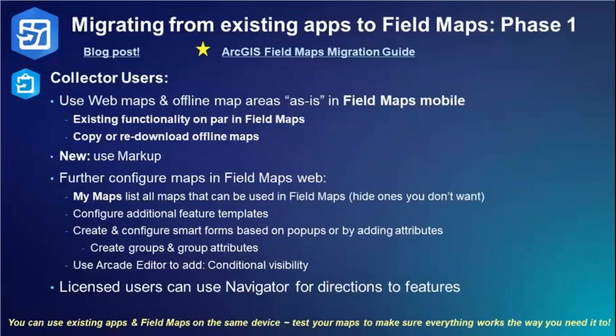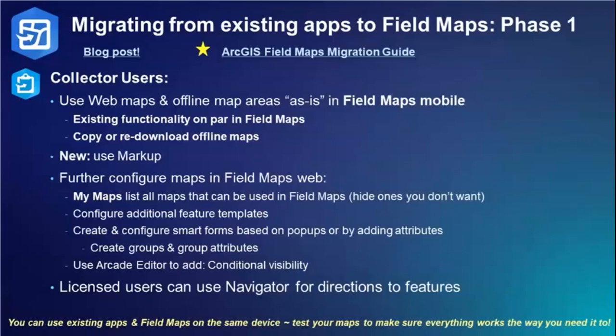You can actually go right to your mobile device and copy them from one folder to another. But the idea going forward now is your Field Maps user, if you're on the same device and somebody might sign in as an Explorer or a viewer and somebody signs in as an editor, they'll still have access to the same folder, and you can just have one copy of that offline map for editing or read-only use.